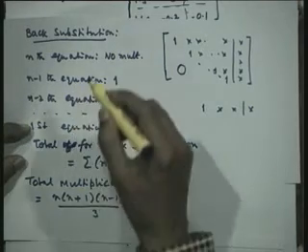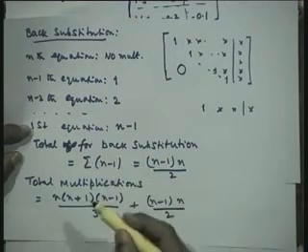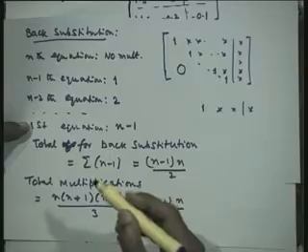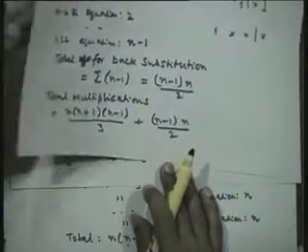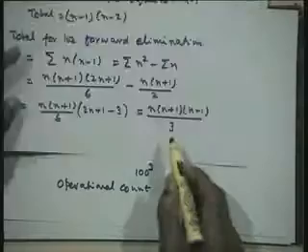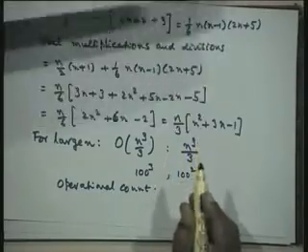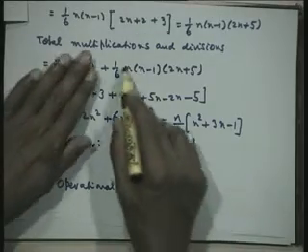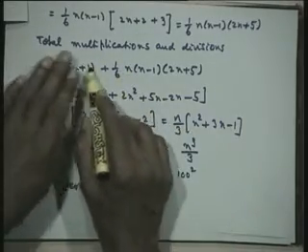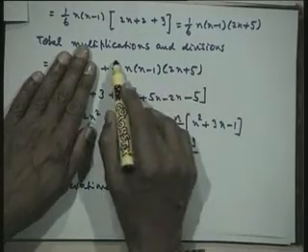Therefore, along with each multiplication we have one addition associated with it, and hence the operational count for the additions and subtractions will be the grand total of multiplications that we have. Here we have got this part. This is your total divisions and this is your total multiplications and divisions.